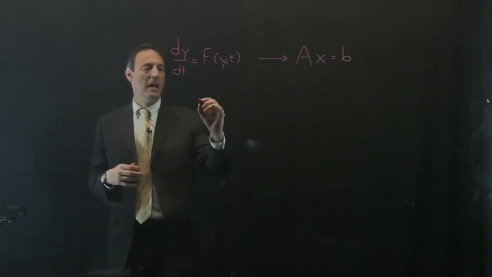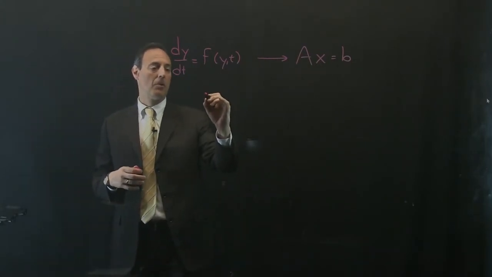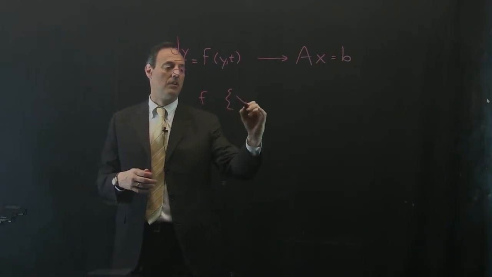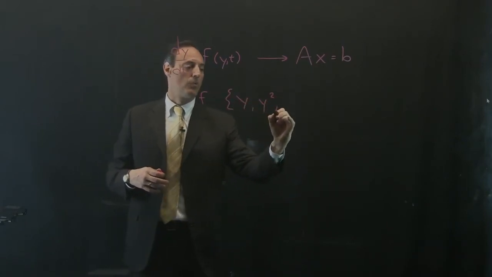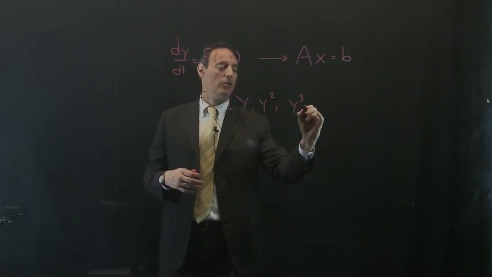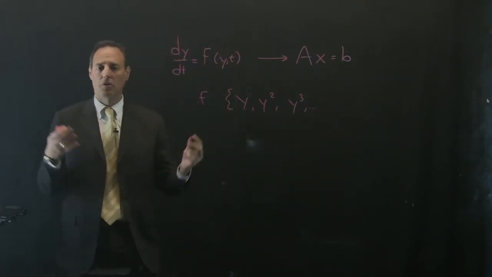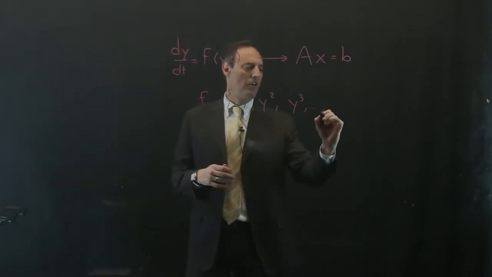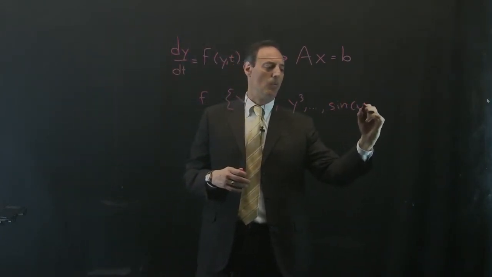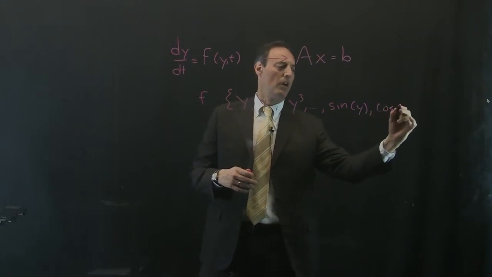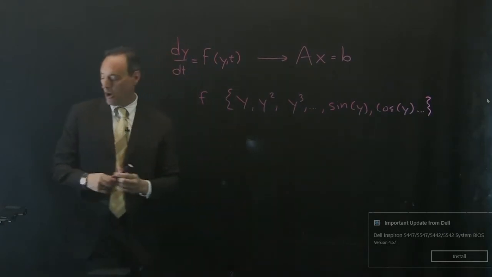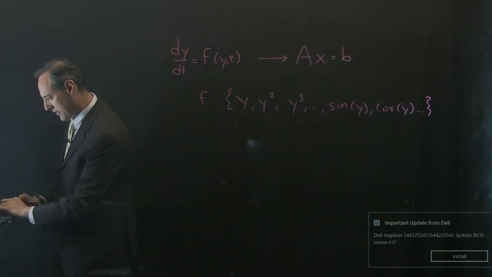You might say, well, what are the possibilities? f might be y squared, y cubed, so polynomials. Those are always good guesses. We always have a lot of models that have polynomial dependence. You could also have things like sine y, cosine y, and so forth.